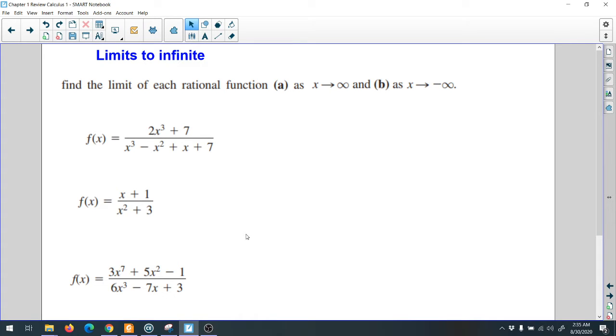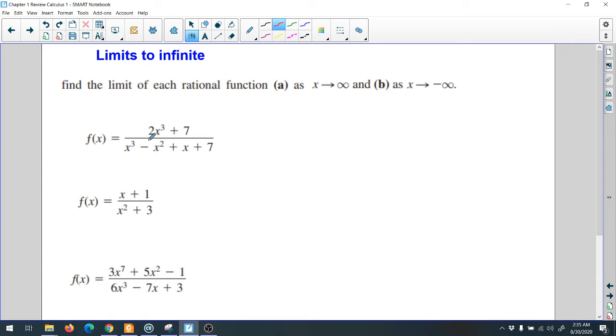Limits to infinity. I have three different types of limits when x approaches infinity or negative infinity. The first type, we want to study in general first.